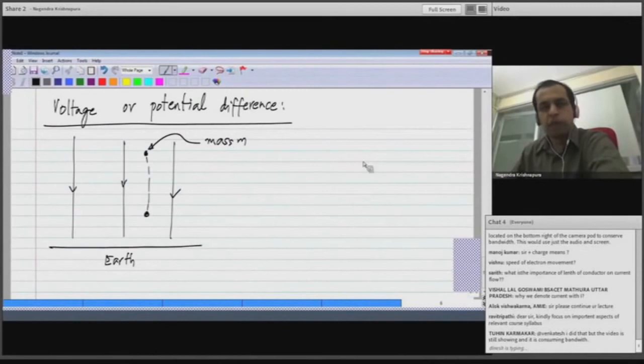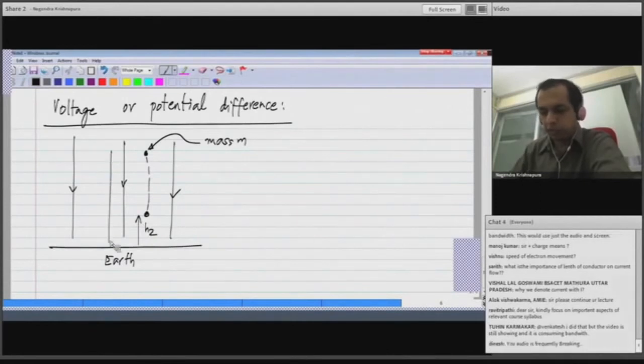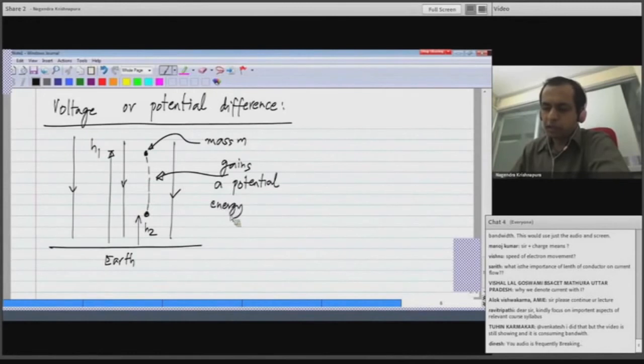So it will go from there to there. It will tend to go, and if it does that, it will also gain a potential energy which is q times, let's say the electric potential is denoted by V, and if this is V1, V2, it will be V1 minus V2.